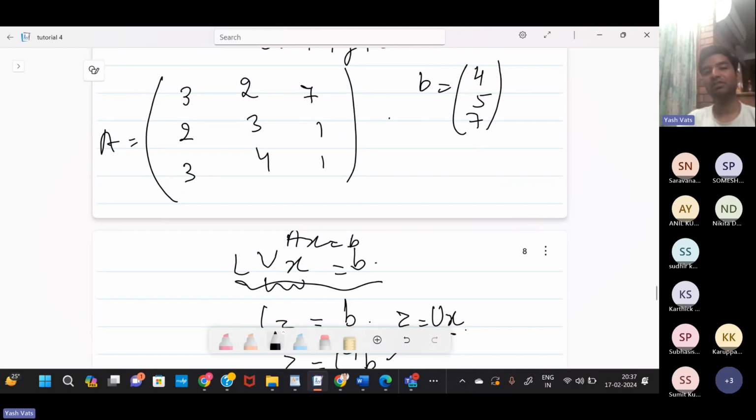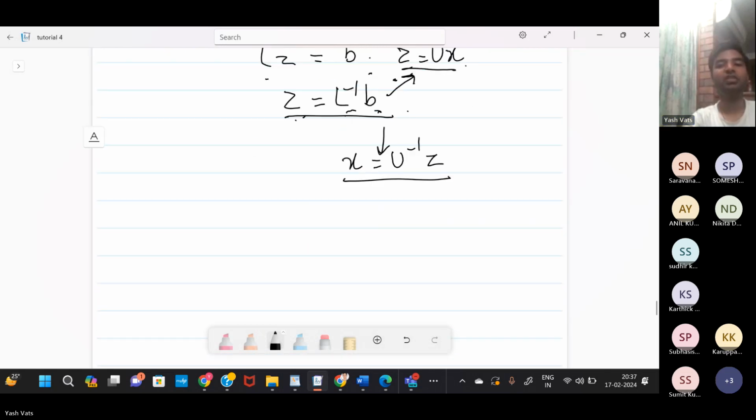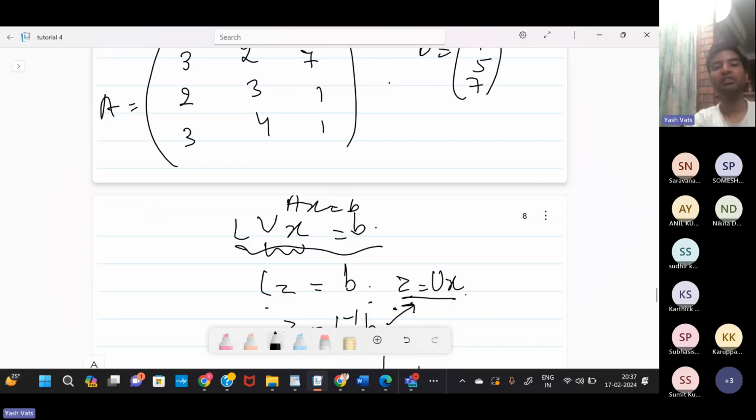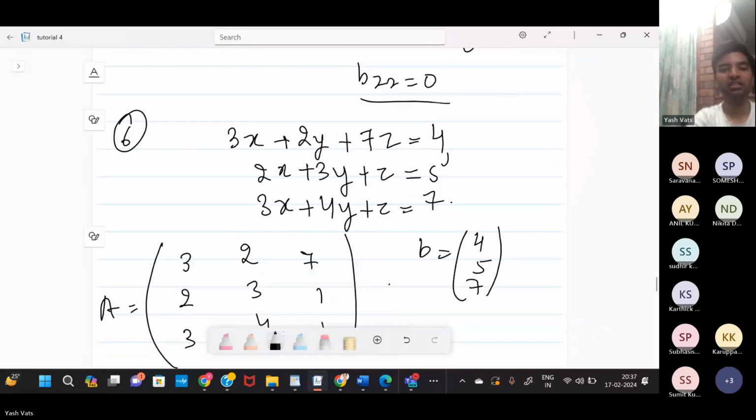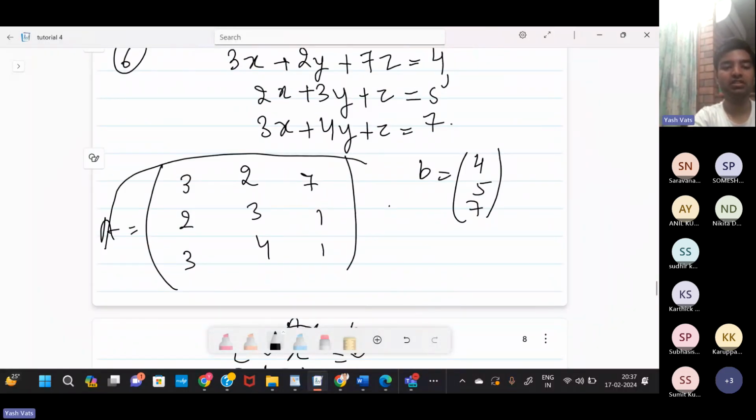If you have A as a non-singular matrix, you don't need to use Gaussian elimination in steps. You just use a decomposition to convert it into this form. Okay, so how do I proceed? How to find the LU decomposition of A?